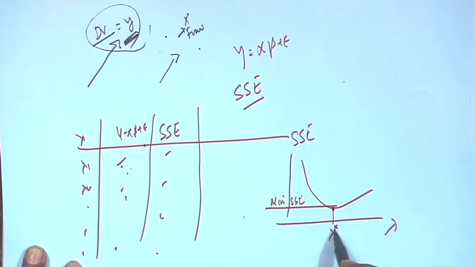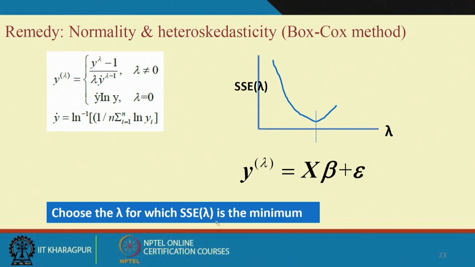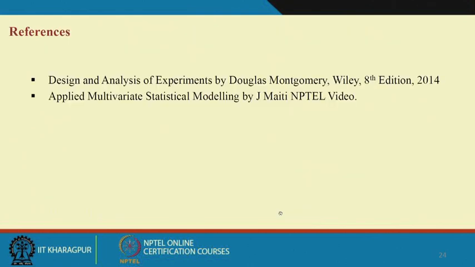This is lambda star. This is the best transformation for you. So, choose the lambda for which SSE of lambda is the minimum, and now that equation is known, and that linear equation you will use.